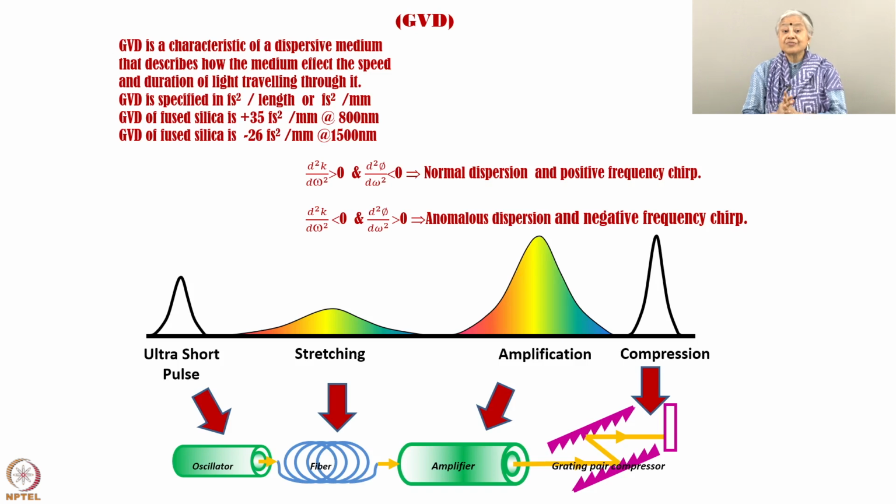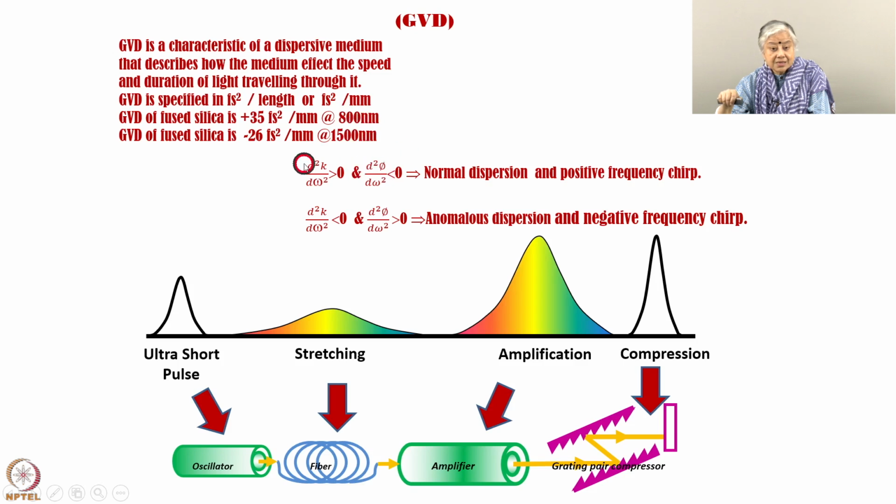For different wavelengths, the refractive index is changed. So therefore, GVD is also changed. So at different wavelengths, these are generally referred to as the central wavelength of that pulse or the light beam. You know, there is a bandwidth attached to this 800 nanometer, and there is a bandwidth attached to 1500 nanometer. Okay. It's just to note that the GVD of the same material can be different depending on the wavelength that you are using.